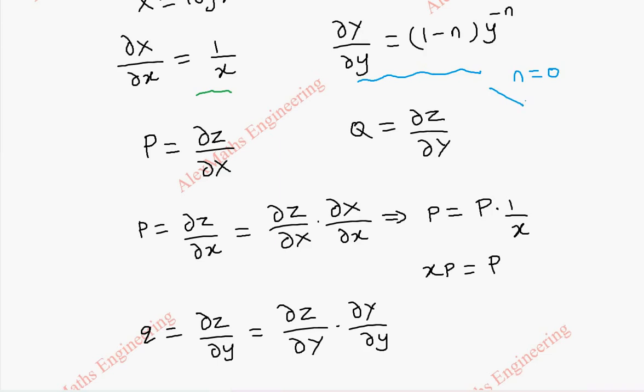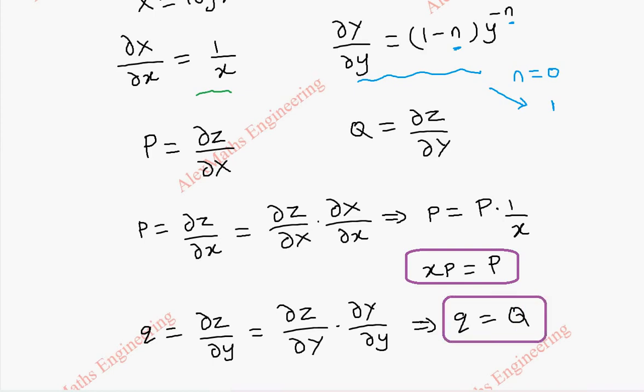When I put 0, this whole value will become 1, because anything to the power 0 is 1, and 1 minus 0 is 1. So totally we get small q is capital Q into 1. So finally we got xp as capital P and q as capital Q.